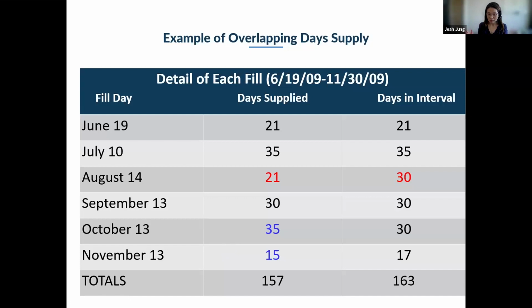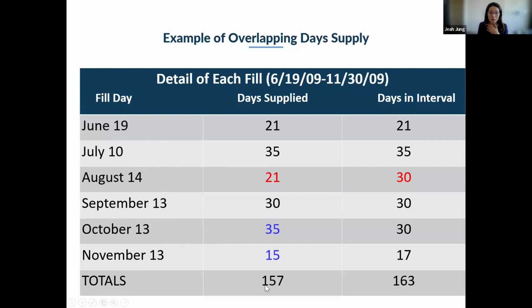They have 5 days of medication they didn't use when they came back on November 13th. But if you use a calculator, we don't follow day by day, fill by fill when we calculate the MPR. We just collapse, right? We just get the sums.